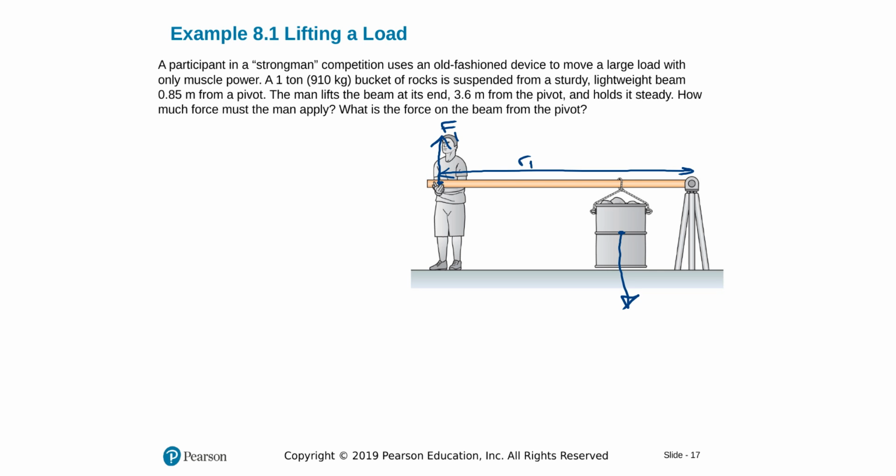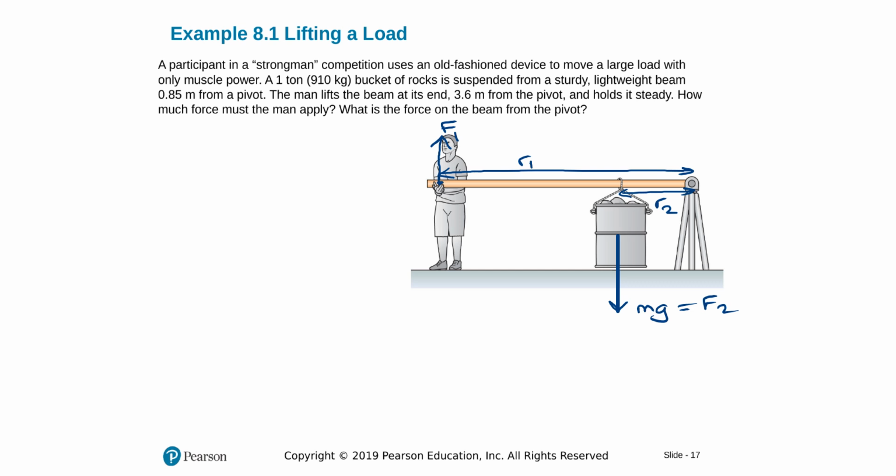This weight, let me draw that better, I'm going to call mg. I like calling weight mg. Now I'm going to give it a name. This will be my force 2. It will also have a distance to pivot, and I'm going to call that R2.